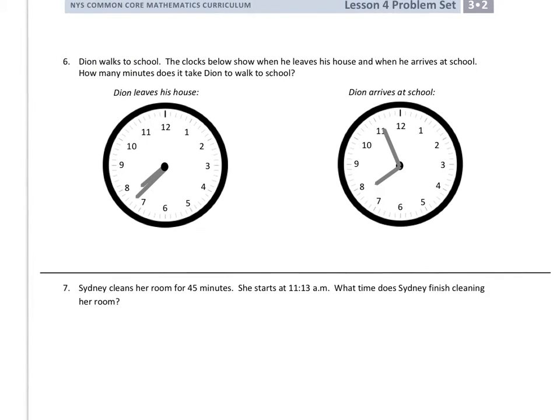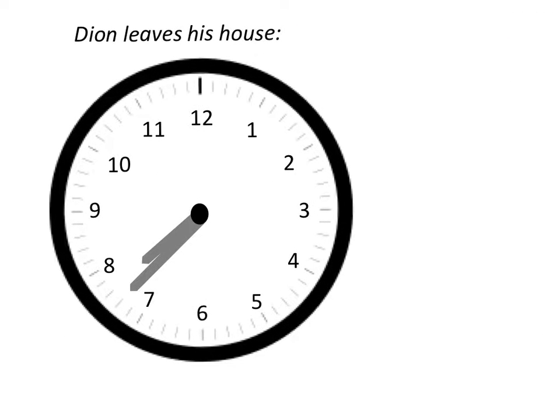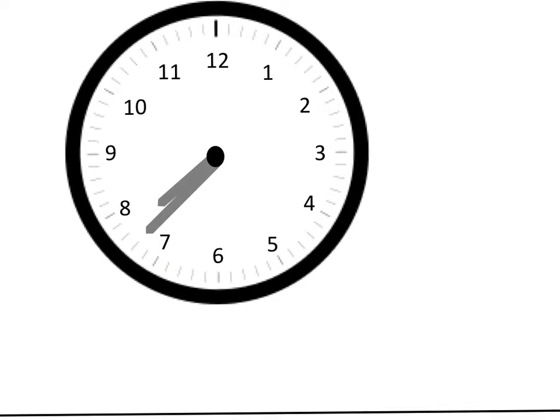Dion walks to school. The clocks below show when he leaves his house and when he arrives at school. How many minutes does it take Dion to walk to school? So he leaves his house at what time? Let's look at this clock. My hour hand, the short one, is in between the 6 and the 7. So I know that it must be 7 for the hour.